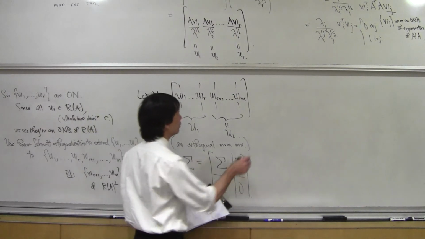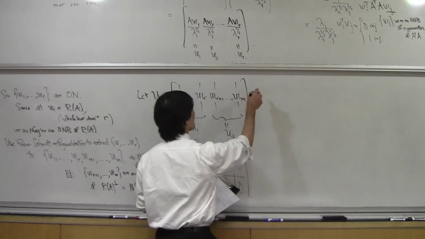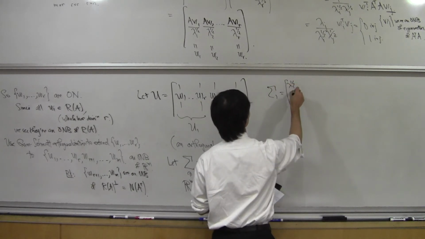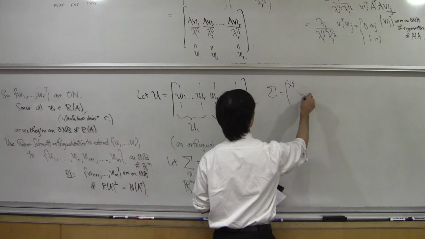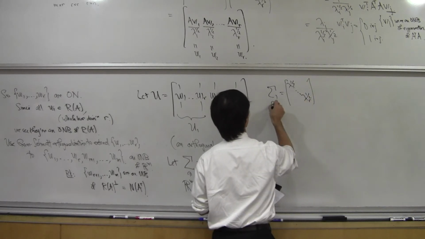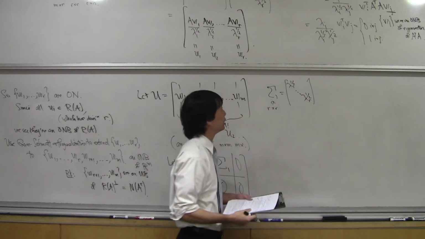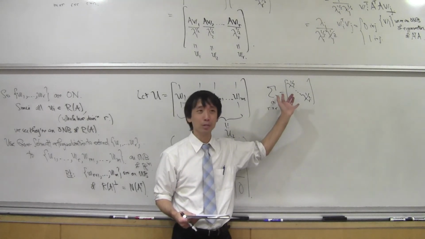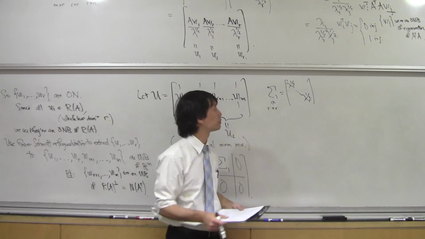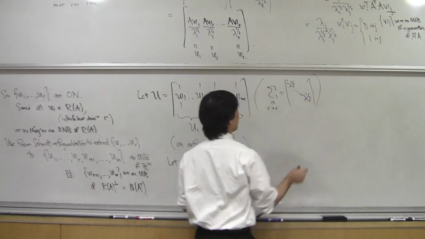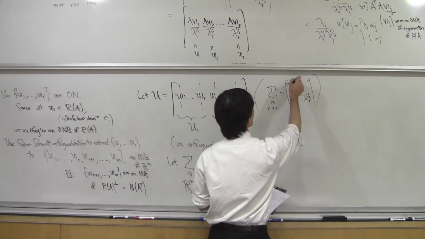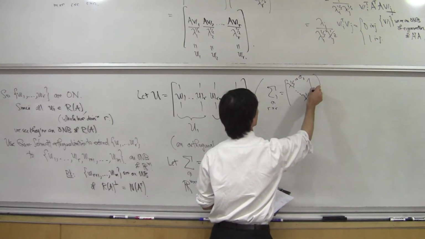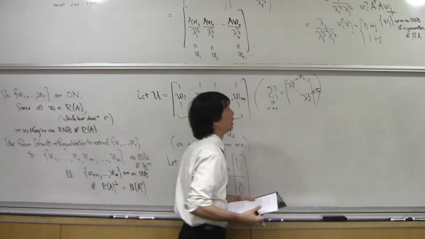Remember what sigma 1 was, right? Sigma 1 was the R by R matrix of the square roots of the non-zero eigenvalues of ATA, which we're also going to denote by sigmas. So sigma 1 through sigma R.